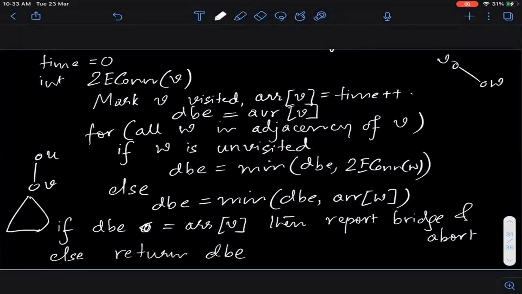What we are doing is we are looking at all the edges that are adjacent to V. So this is this loop, and we are doing two cases. If it's unvisited, then of course we are calling the recursion and we are updating our DBE variable to the minimum of the current DBE and the thing that we are getting from the recursion. Okay, so that part is fine.